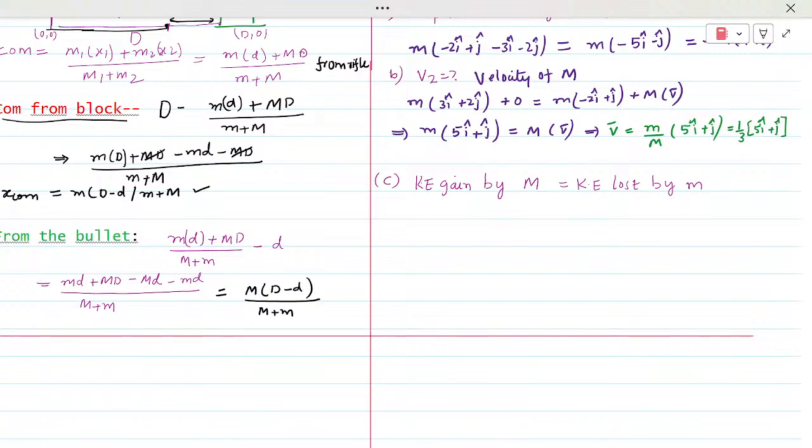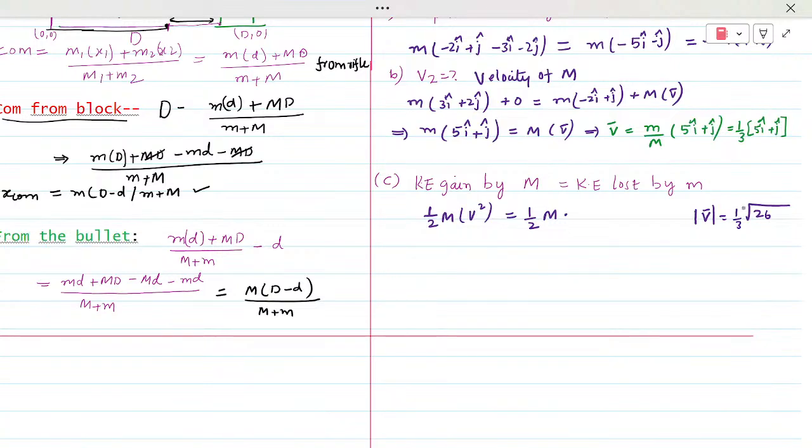So the kinetic energy of capital M is equal to 1 by 2 M v square, because initially it is 0, right? So that is 1 by 2 into capital M into v square, where I want to find the magnitude of v bar. Magnitude of v bar is equal to, already v bar I got, 1 by 3 into root over 26.